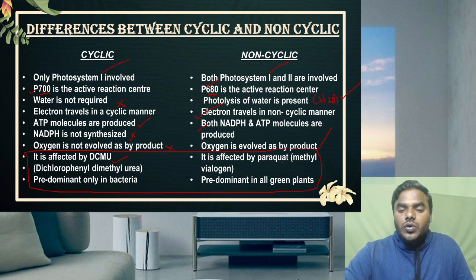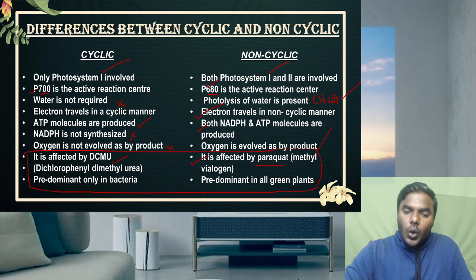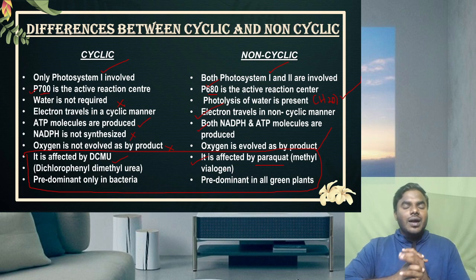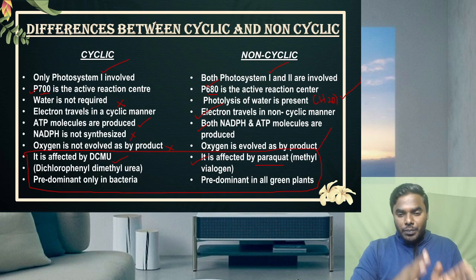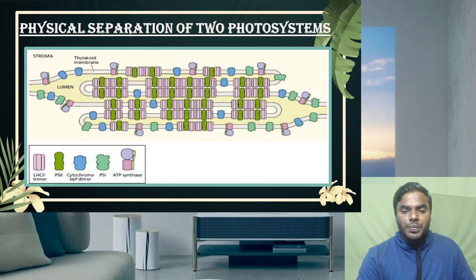And non-cyclic photophosphorylation is affected by paraquat, which is called methyl viologen. Please keep that in your mind. Do not forget that. Okay, right now we have completely understood the light reactions of photosynthesis except a little part. Before continuing that, let's solve some PYQ questions.